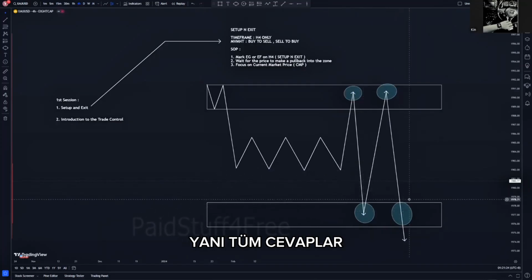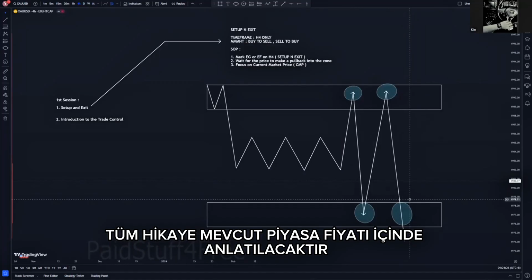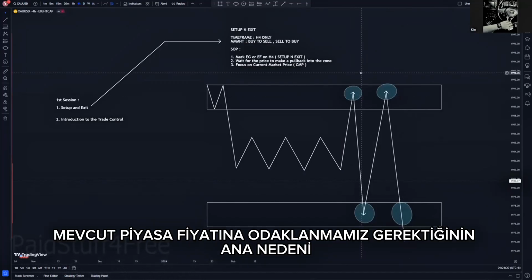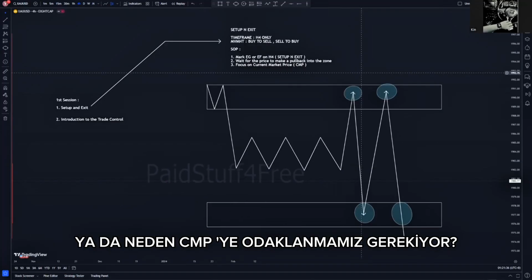All the answers, all the storyline, will be told inside the current market price. That is the main reason why we need to focus on the CMP.